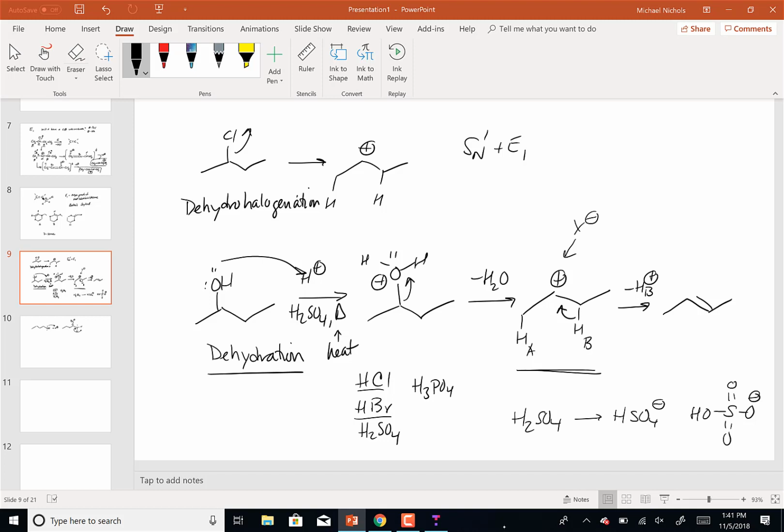Because once I protonate the OH, either it'll do SN2 like it did in lab last week, or it'll do SN1 if it can form a stable carbocation. Okay, so we have to be careful about choosing our acids and base. We're choosing our acids, what the source is. Everybody kind of with me?